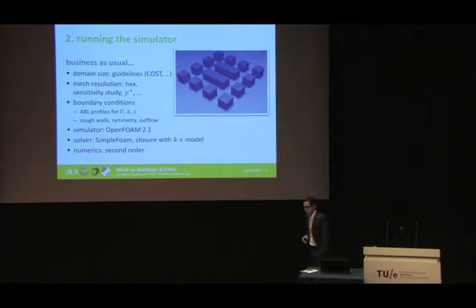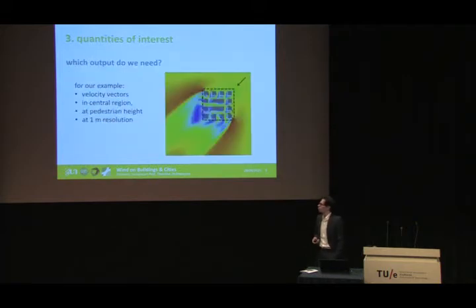Then you do business as usual, meaning you make a mesh, you decide on your domain size, you decide on which model you will use, and so on. You run your simulations, you end up with some results. Those results are the 3-dimensional wind field, pressure field, and everything you simulated, temperatures, moisture, whatever.